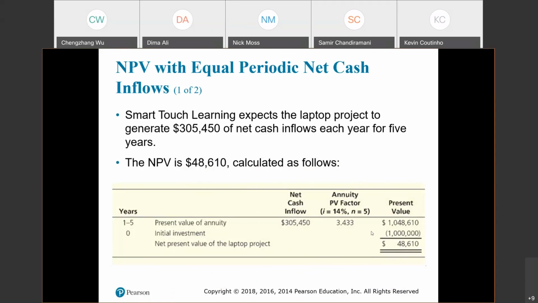Well, we can simply use net cash inflow times this factor. We get the present value to be this number.